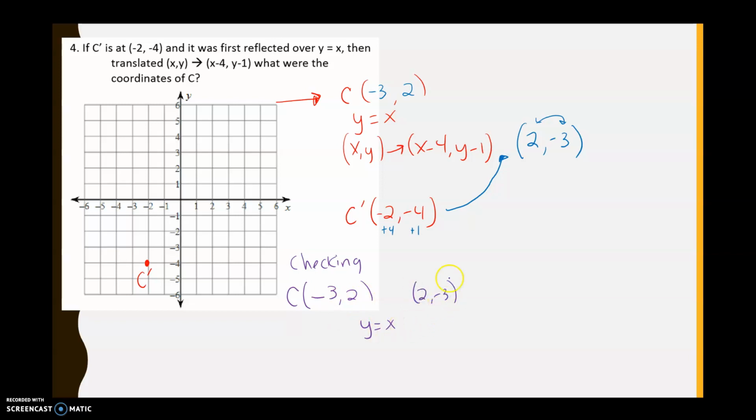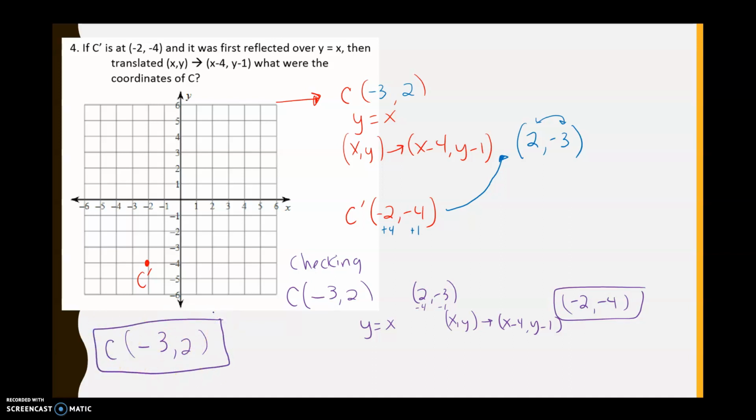They switch positions. And then it's telling me that I'm going to do my translation of x minus 4, y minus 1. So I'm going to subtract 4 and subtract 1, which gives me -2 and -4. So yes, that is where I was supposed to end. So this is my answer. It would be at -3, 2.